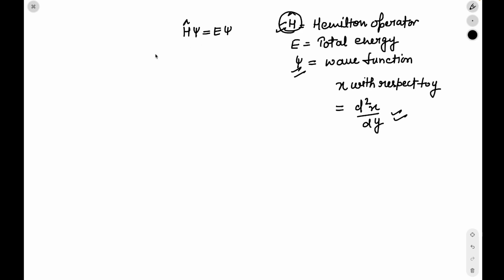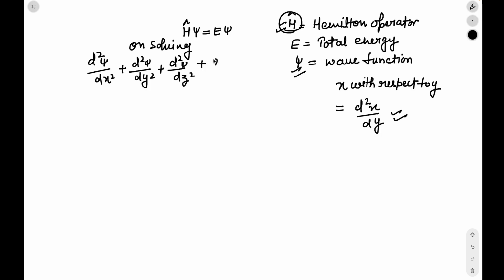On solving this equation, we will find d square psi upon dx square plus d square psi upon dy square plus d square psi upon dz square plus 8 pi square m upon h square into E minus V psi is equal to 0. So here is the double differentiation of psi in all three directions.